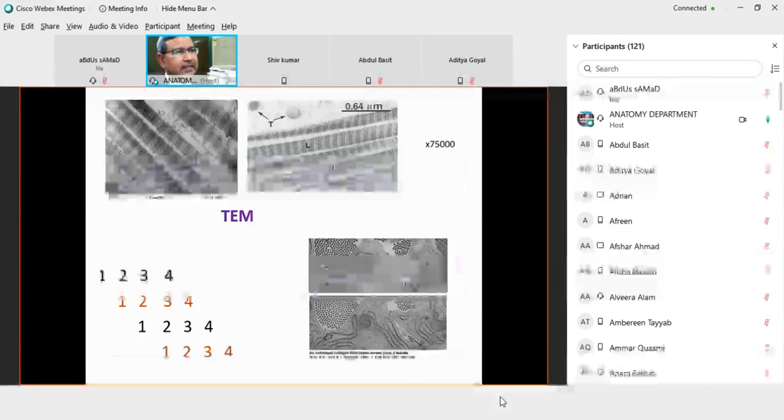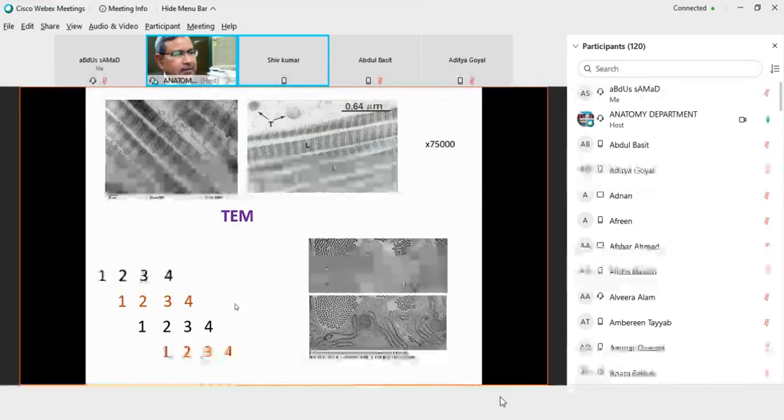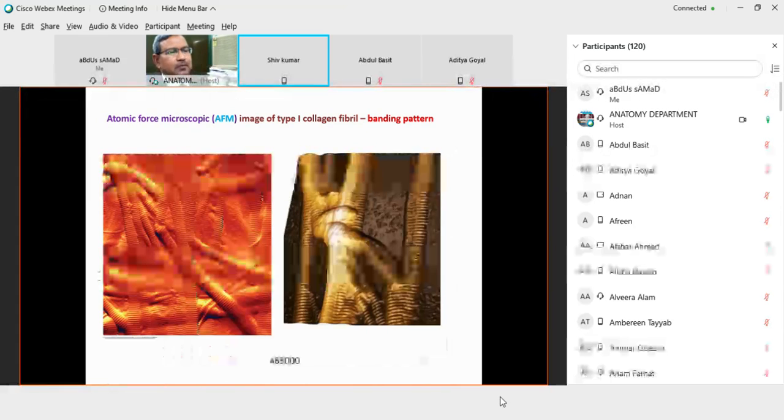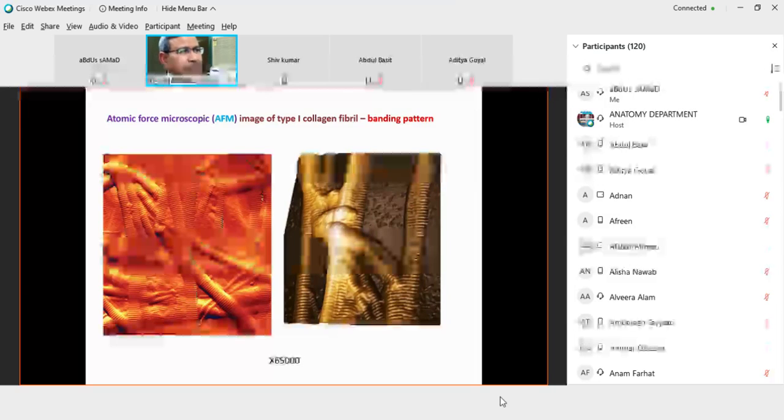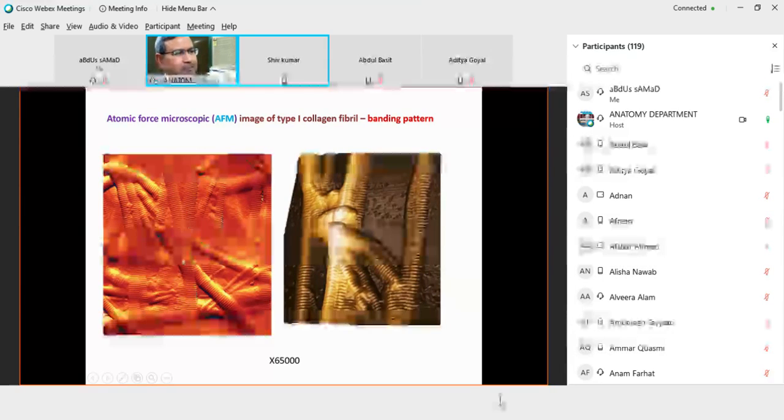This banding character is seen under the electron microscope. Recently it has also been seen that this banding pattern can be picked up on the surface by what is called the atomic force microscope, AFM, and you can see the banding pattern looking like a platform.